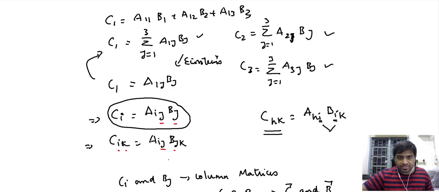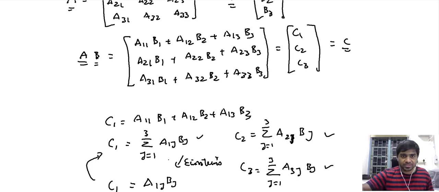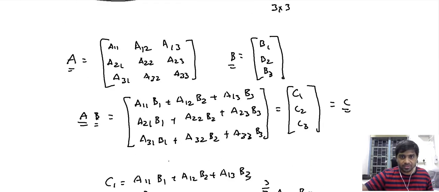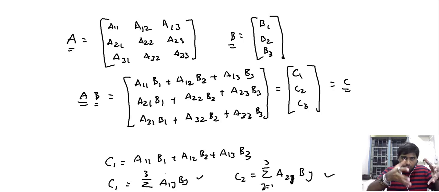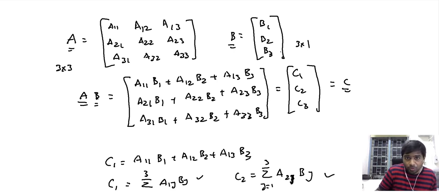So what we have done is we have considered two matrices and we have considered the product of these matrices. One is a 3 cross 3 matrix, the other is a column matrix, and when we consider the product of these two matrices, we ended up having a column matrix.